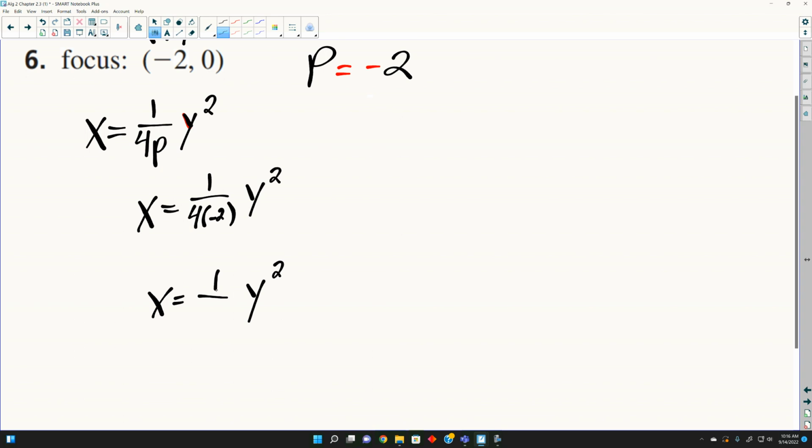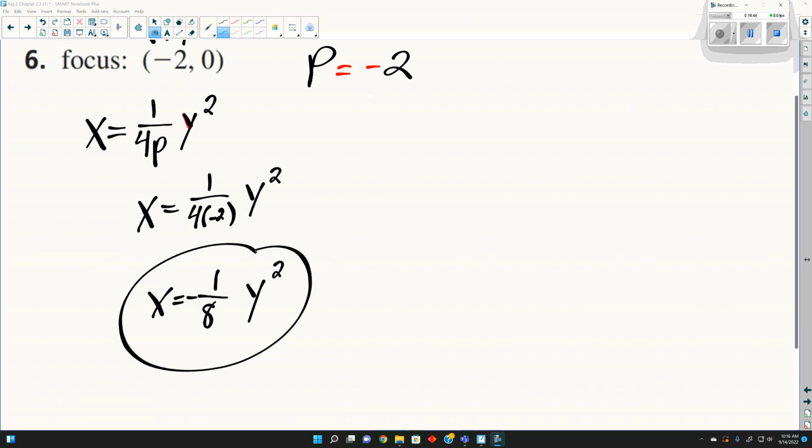And lastly, we are going to simplify, which gives us this here. Any questions on any of this here? We good with this here so far? Okay.